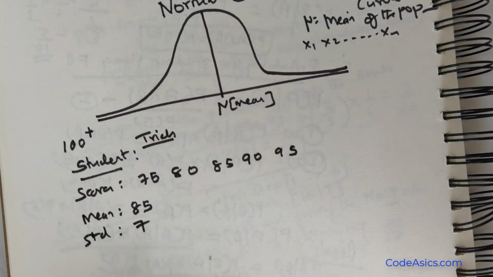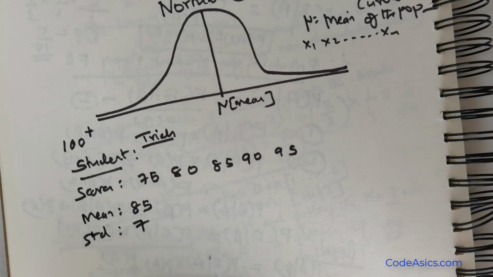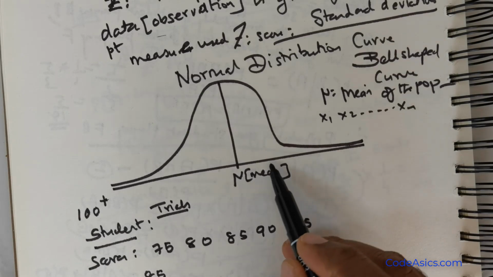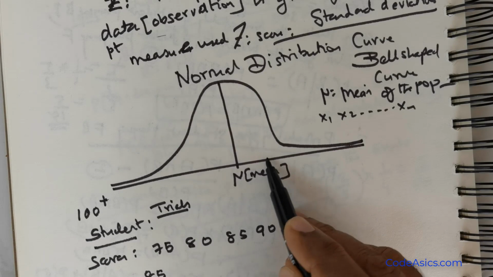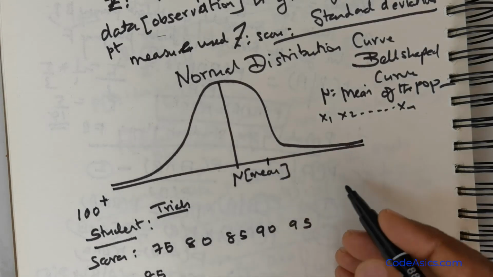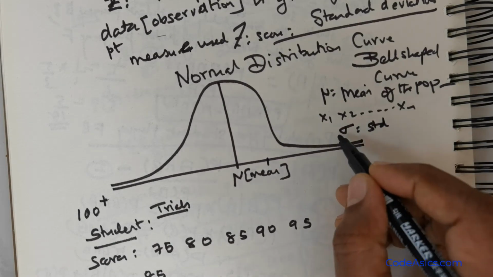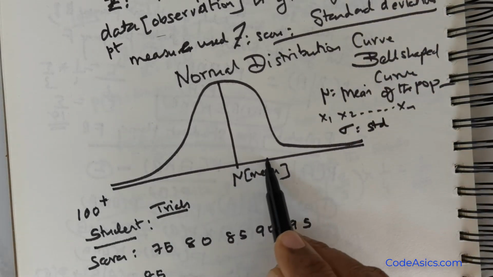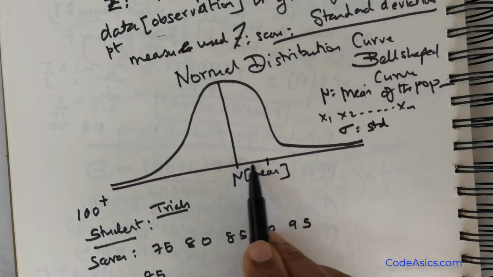What I need to do is first plot the mean and the location of the standard deviations. Now how do we plot the standard deviation? We plot it in this fashion. This first one will be 1 sigma. Sigma stands for standard deviation, and when I say 1 sigma, it means the value placed here is 1 standard deviation away from the mean.